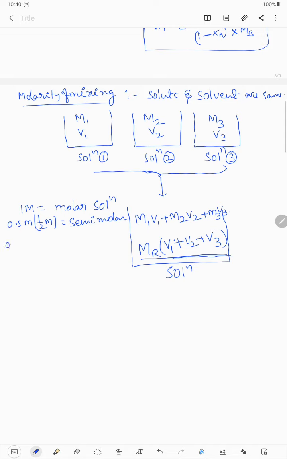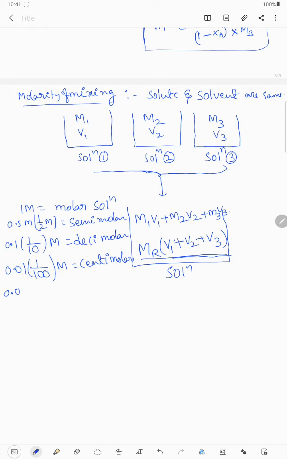Suppose 0.1 means 1/10 m, which is a decimolar solution. Next one, 0.01 means 1/100 m. This is called a centimolar solution.